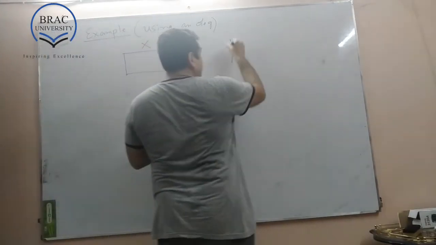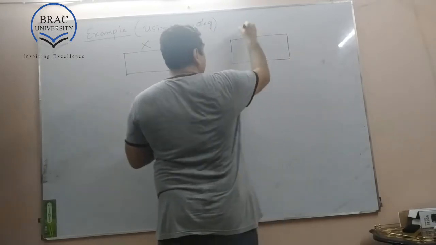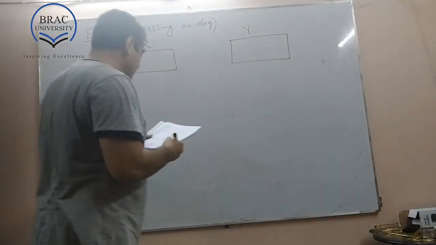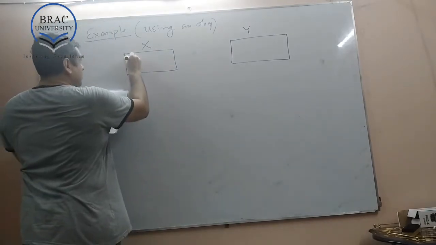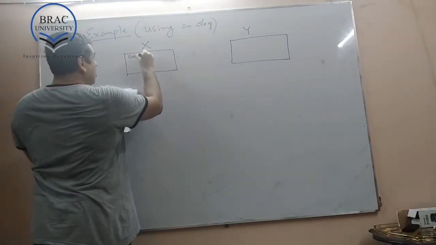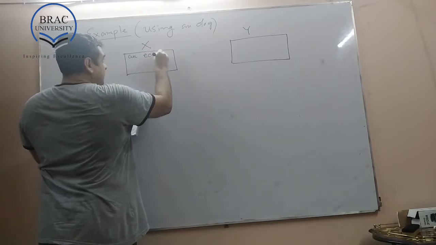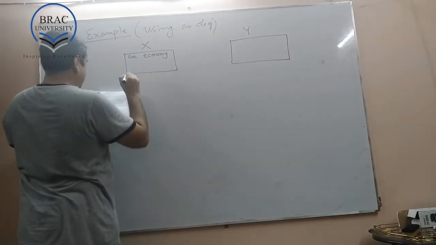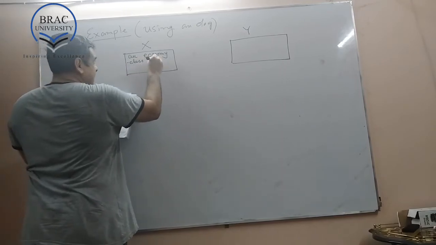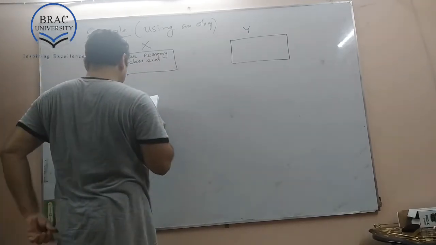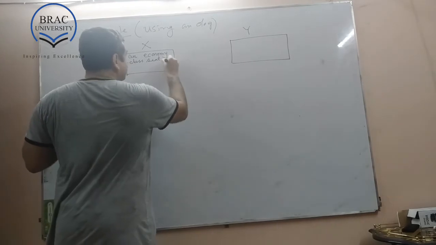One is denoted by X, the other one is denoted by Y. And the label on this type X is as follows: an economy class seat in an airplane.